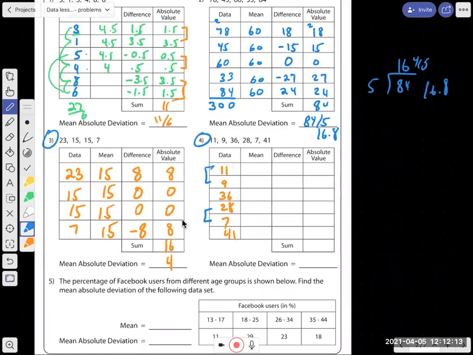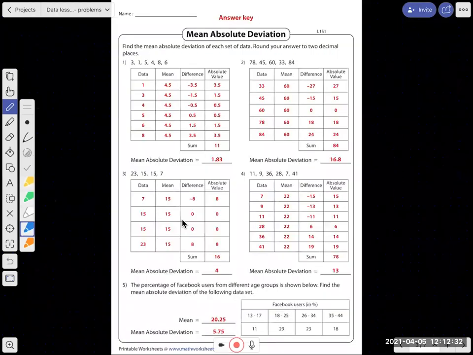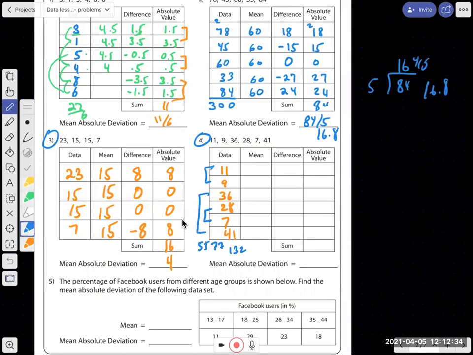Then we put these two together and we have 77. So 55 and 77 should be 120 and 12, 132. 132 divided by 6 should be 22. But let's just check. We're having a tough day. There we go, we got 22. So 22 is our mean.